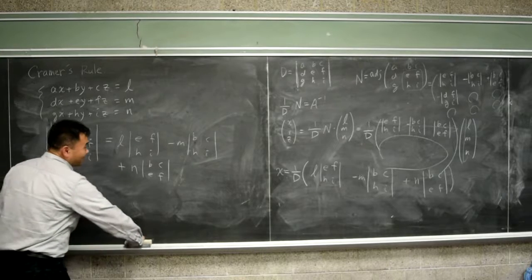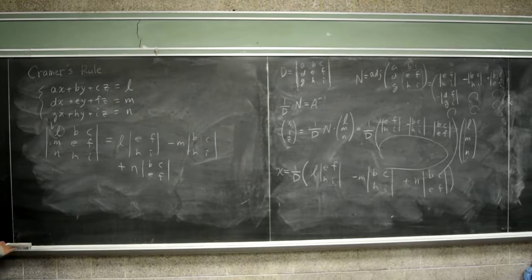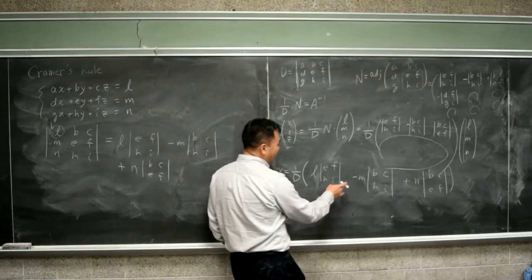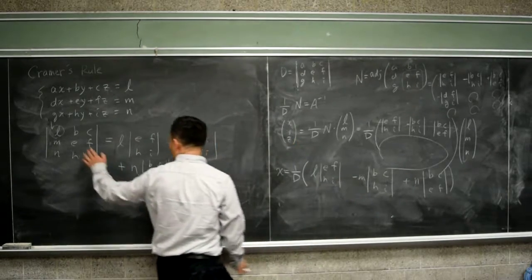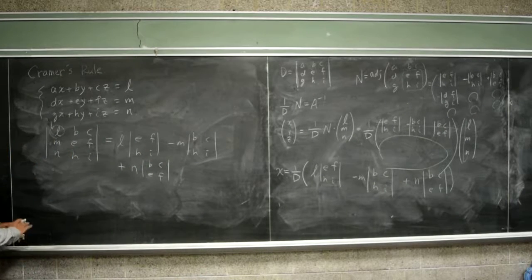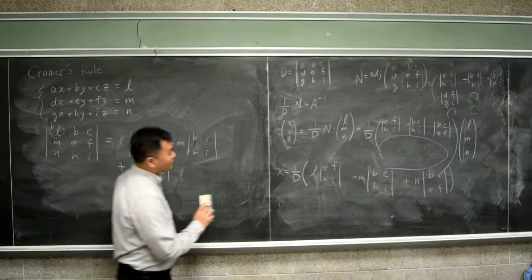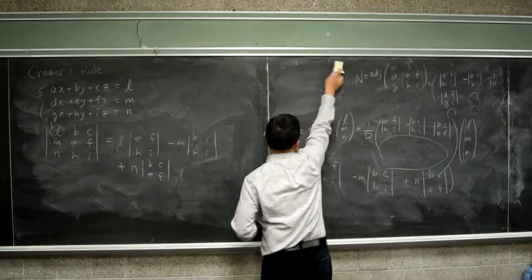And after that, you get an amazingly simple formula for X. Once you realize what you have here is the determinant of this, then you get an amazingly simple formula. Let me just erase this one.